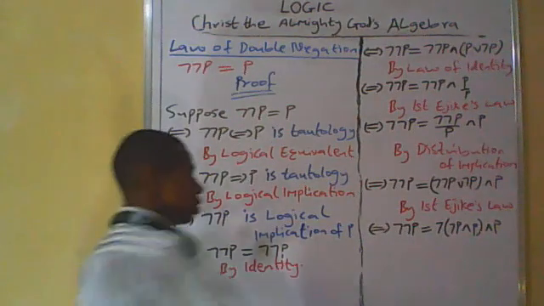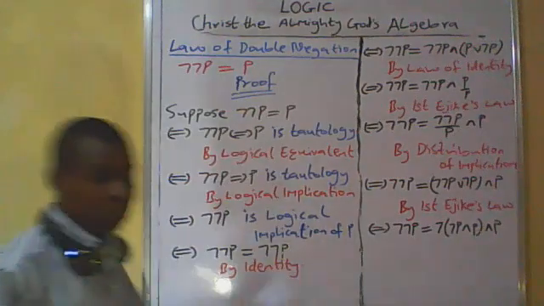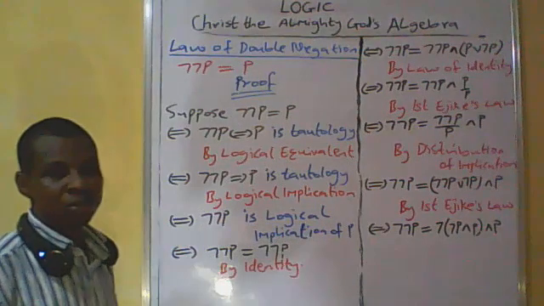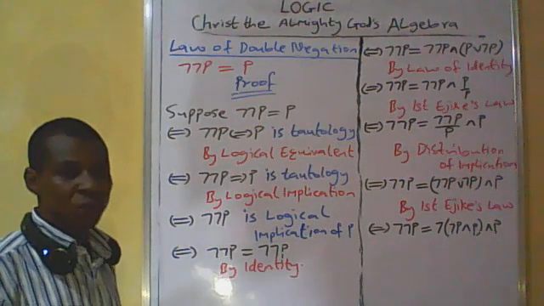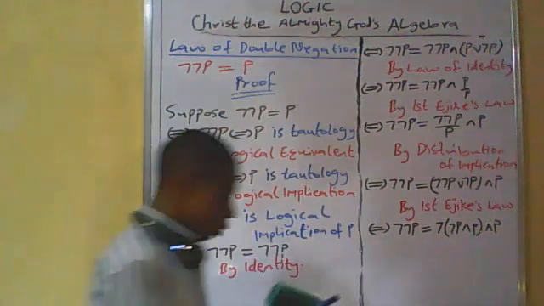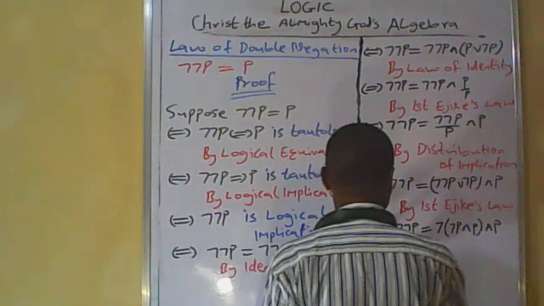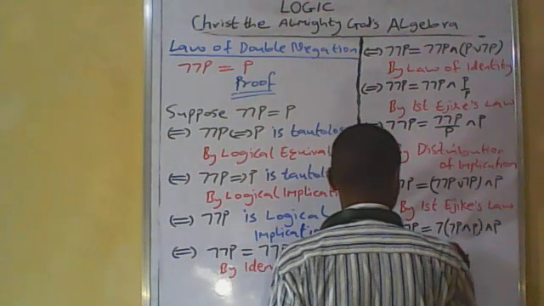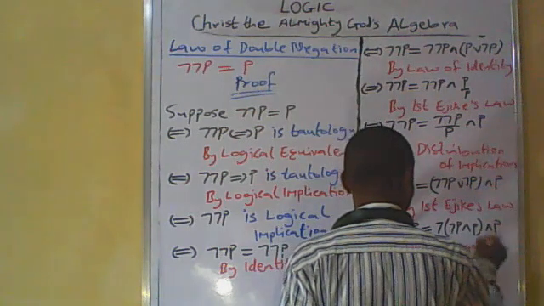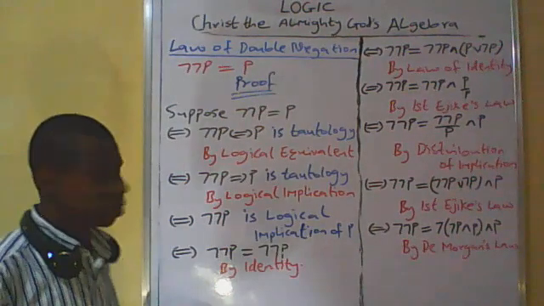So this is equivalent to this, and the two sides of the equation are still equal. Being justified by De Morgan's law.